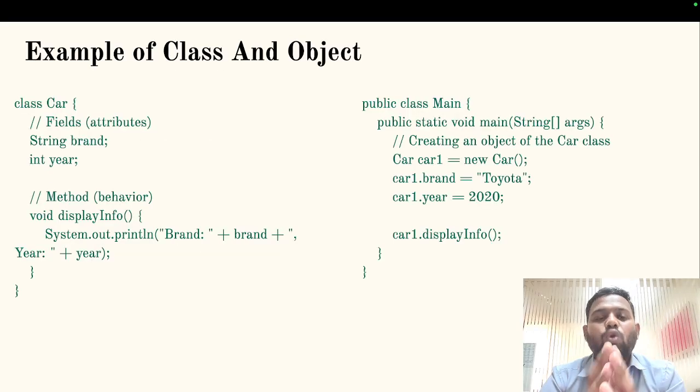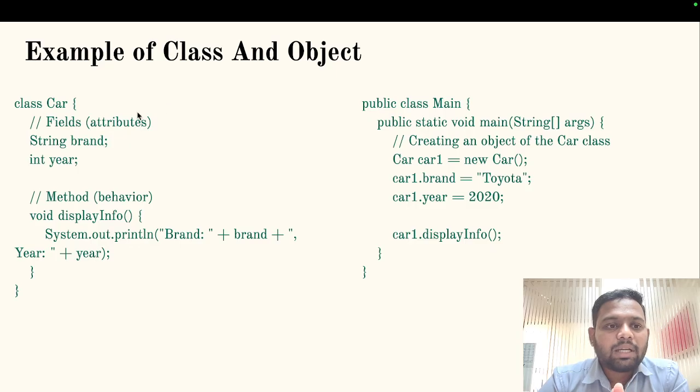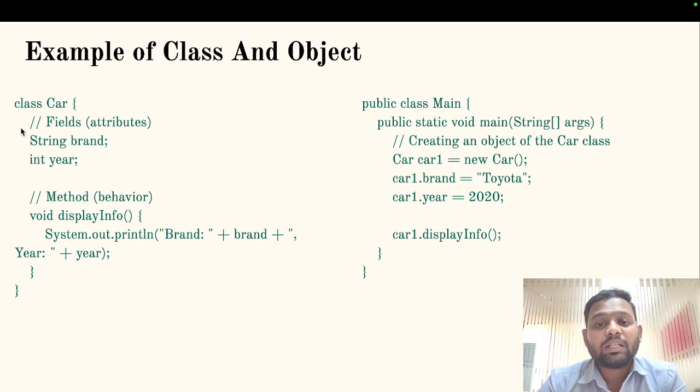Let us move ahead. One example is given here, car. This is a class which describes the attributes, like what is the brand, what is the manufacturing year. Then methods display the brand and related information about the car. So in a method we describe behavior, whereas in an attribute we define data related to that particular object. How do we create an object of this class?